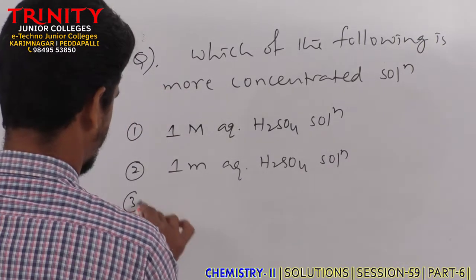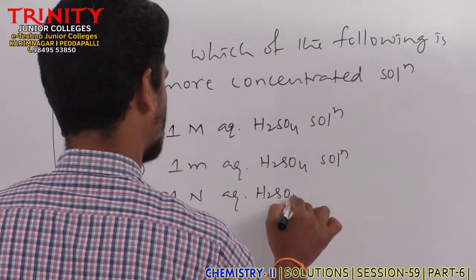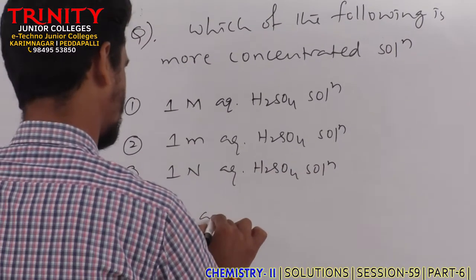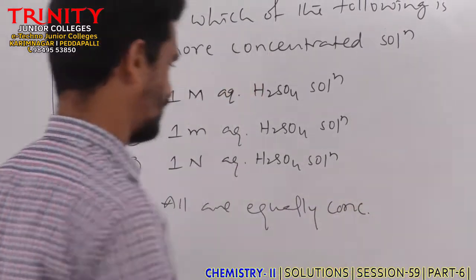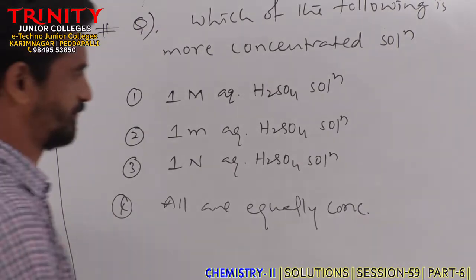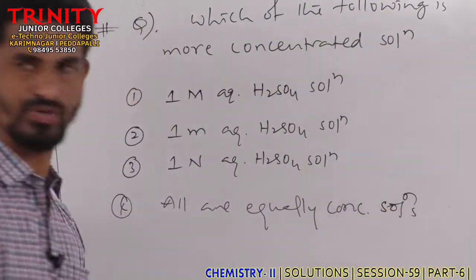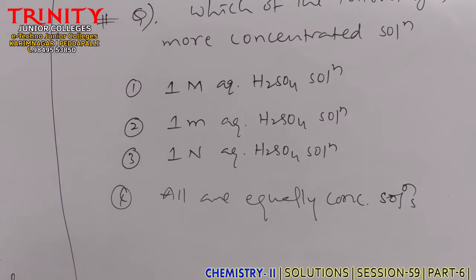Third one is 1N aqueous H2SO4 solution. Fourth one is all are equal, all are equally concentrated solutions. So now which one is the right answer? Which is the more concentrated solution among these?